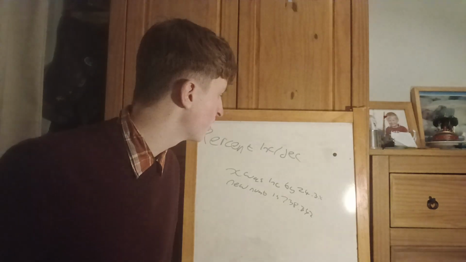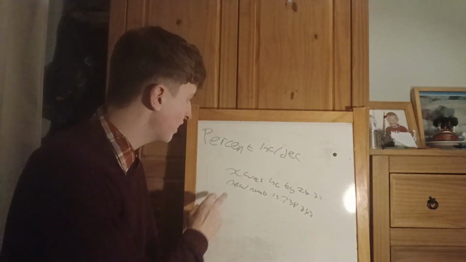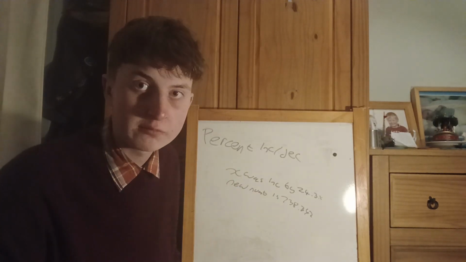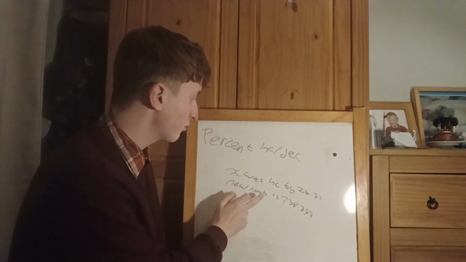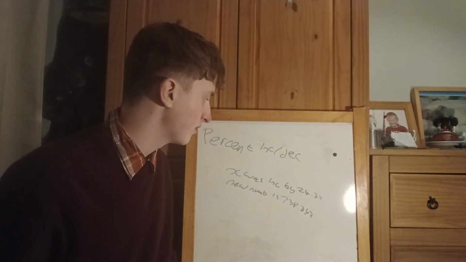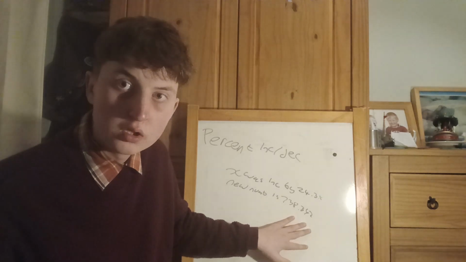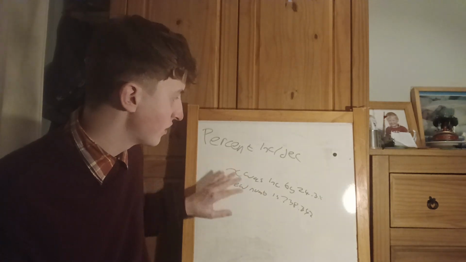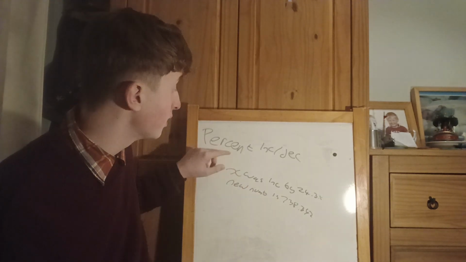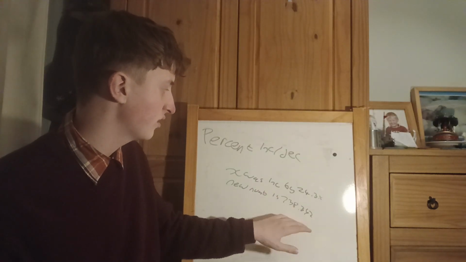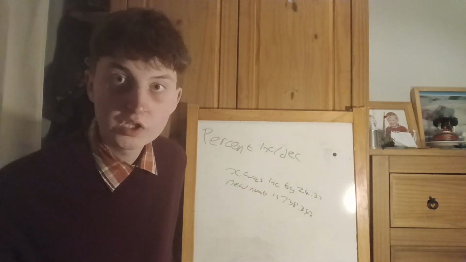Right, on to a slightly more difficult question. We have x, which was increased by 24.3%. The new number it spat out is 738.342. So we're trying to use this number to get it back down to the original. We know this number was increased by 24.3% to get 738.342.